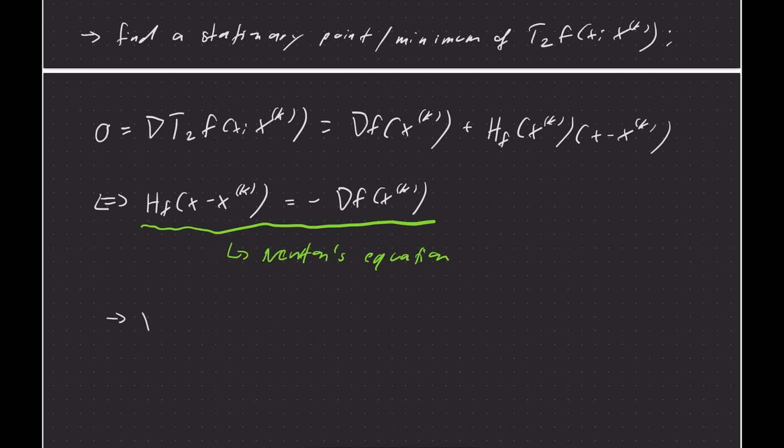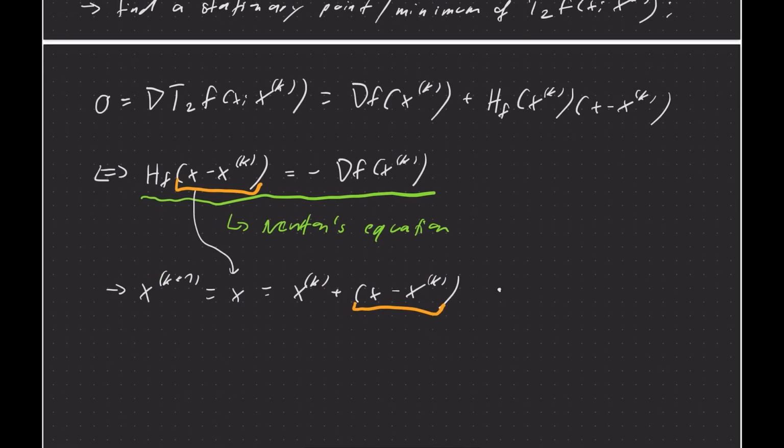So our xk plus 1 is going to be the x value here, this one. We can express that simply as xk plus x minus xk, right? So once we solve for this expression here, we can determine the next iterate xk plus 1 by just adding that to the current value of xk.